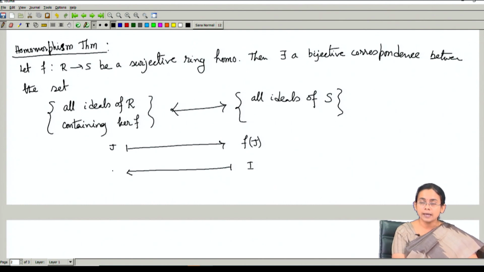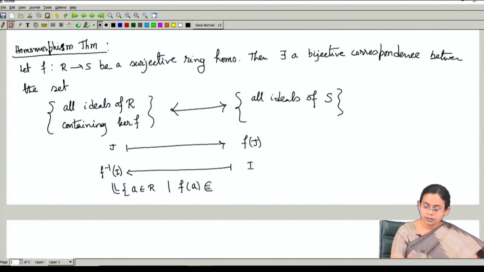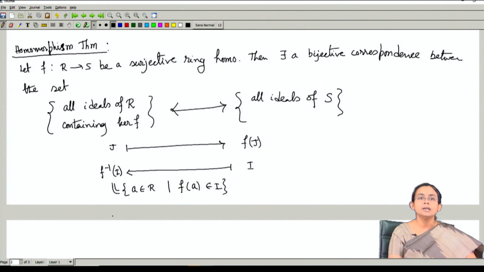I will send any ideal I of S via the pre-image. The pre-image of I is the set of all elements A in R such that when you apply the map F, F of A belongs to I. This is how the pre-image F inverse of I is defined.